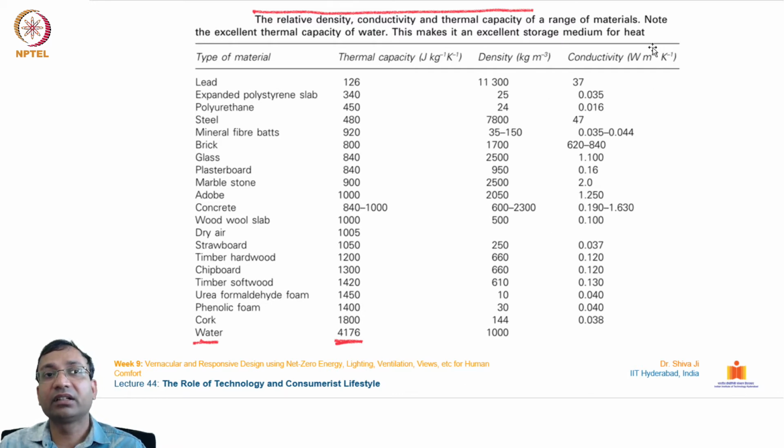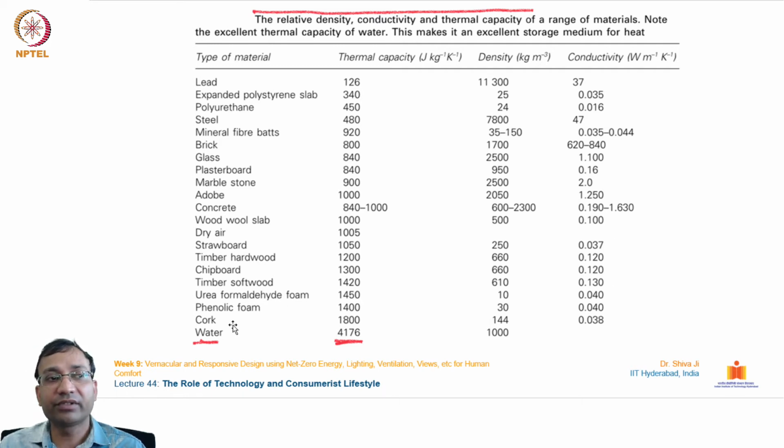Okay, so further, coming to the conductivity column over here. Lead has one of the highest conductivities, and the very highest we can see lies in the brick. This is the reason this brick material gets heated very fast, and it absorbs the heat very fast.